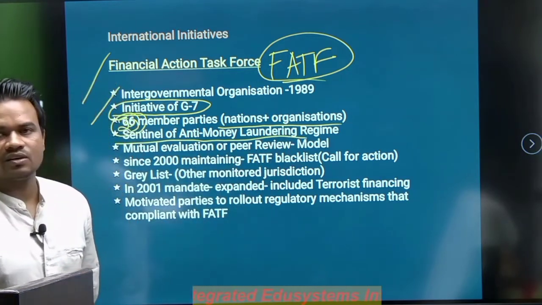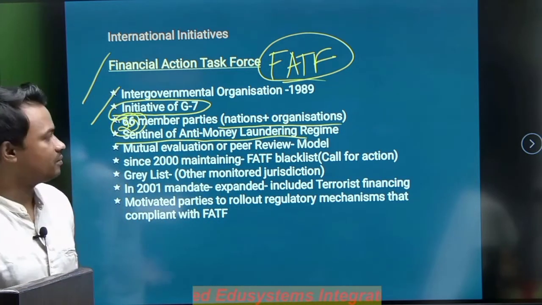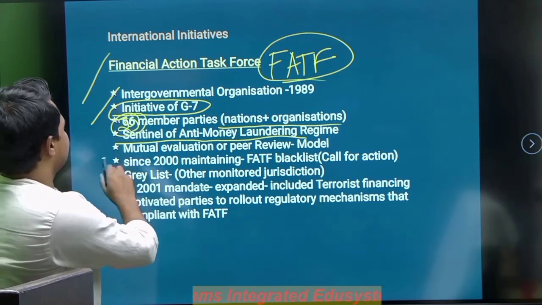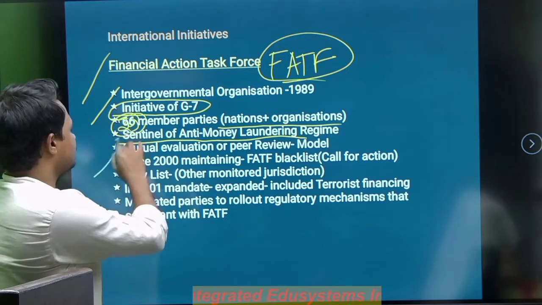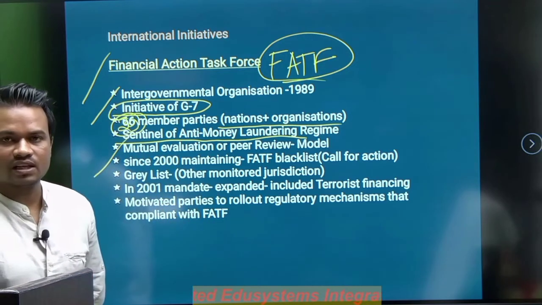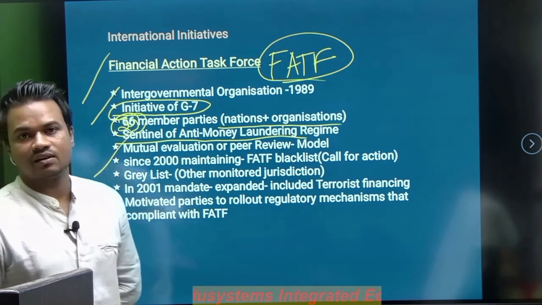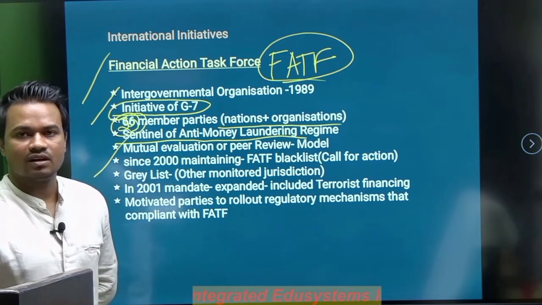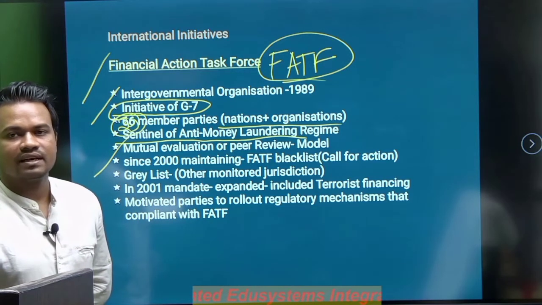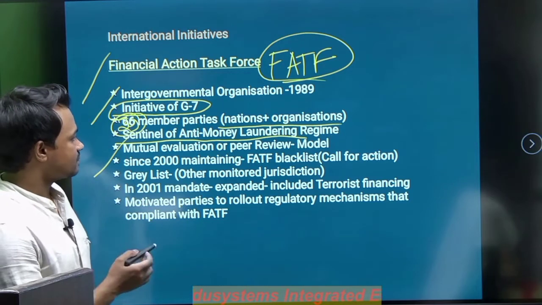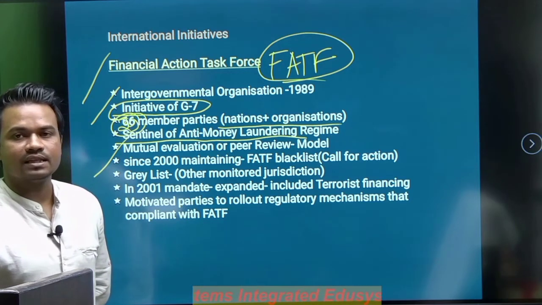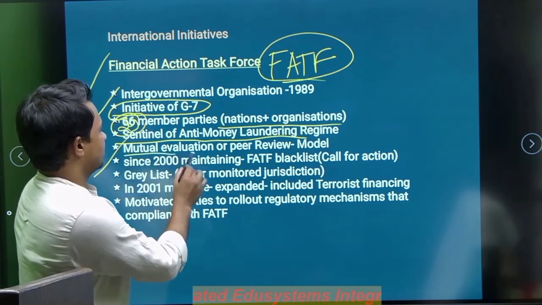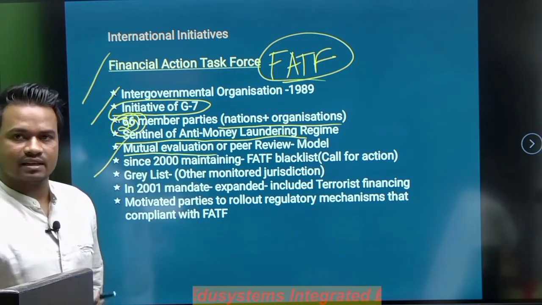It is known as the watchdog or sentinel of the anti-money laundering regime, to curb money laundering. Mutual evaluation or peer review is the working style of this organization, that every nation or member organization of FATF is supposed to undertake or conduct a peer review, so that they can ensure a money laundering free world.